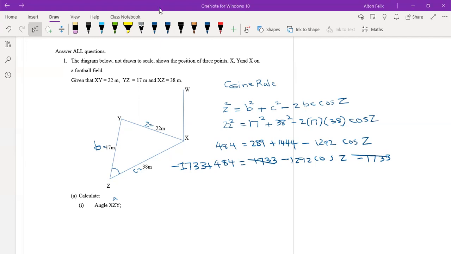So minus 1249. So we have minus 1249 here will equal to minus 1292 cosine Z. So to find cosine Z, we divide both sides by minus 1292.